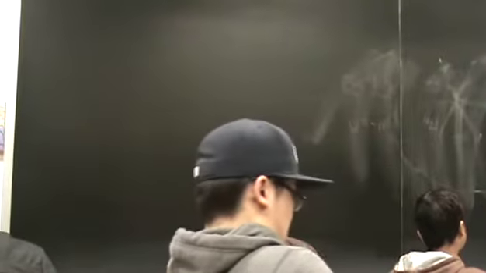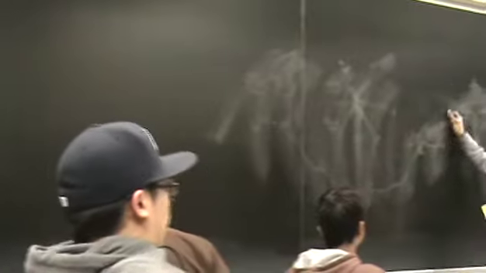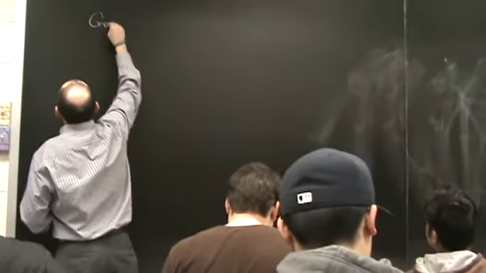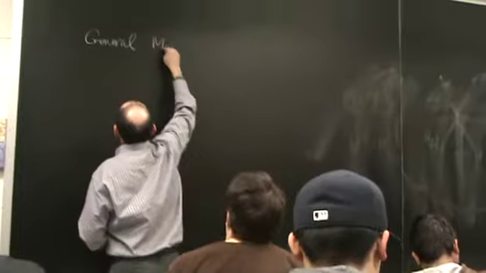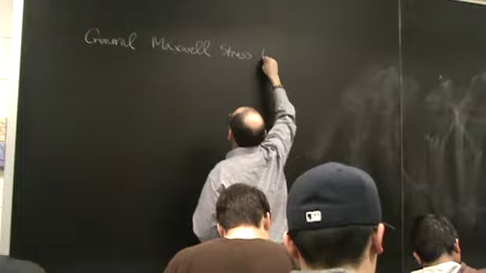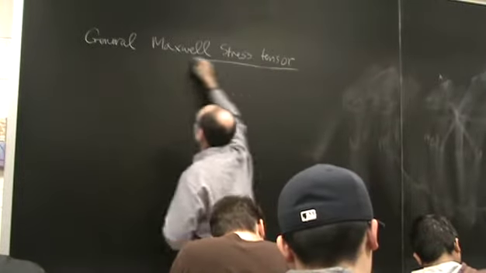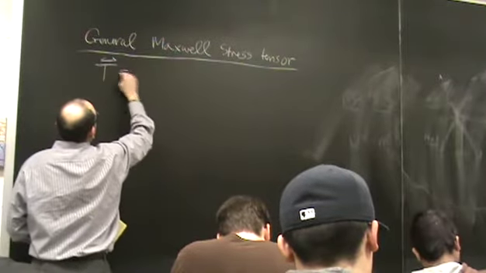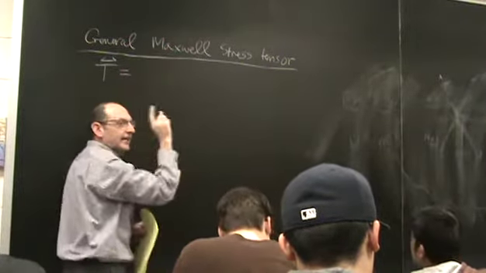So, let's talk about the dynamic case. Now, we can do the same thing for magnetostatics. I'll spare you that. Let's just write the general Maxwell stress tensor T, the general one, having both electric and magnetic and dynamic.